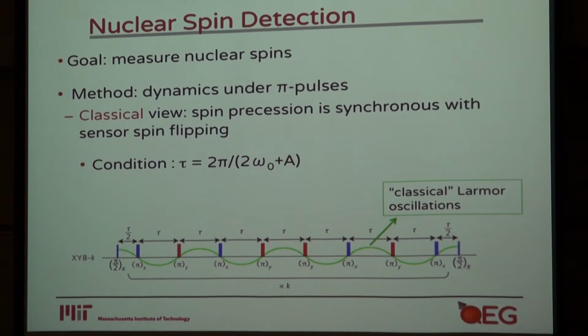We can also look at the same idea in a more quantum way. What you would like to focus on is the coupling between your electronic spin and each individual nuclear spin. Then the condition for matching, or being able to detect the oscillation, is due not only to the Larmor frequency omega 0, but also to the coupling of the nuclear spin to the NV itself.